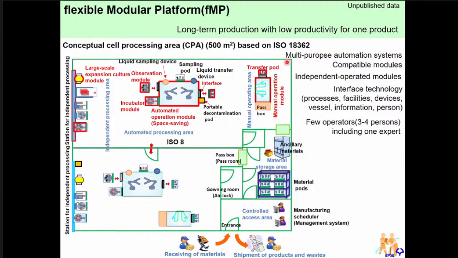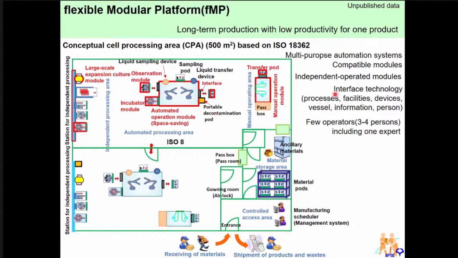And in this room, we focus on a multi-purpose automation system, compatible modules, and independent operation modules. Independent means the incubator disconnects after finishing one protocol and connects to an independent station to supply gas, signals, air, and electricity.